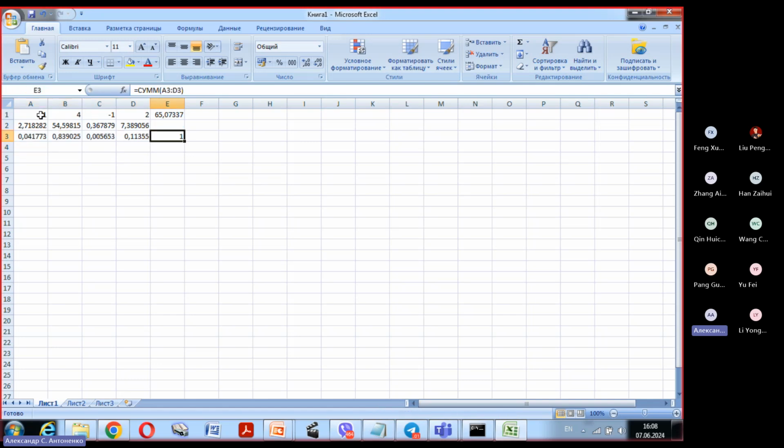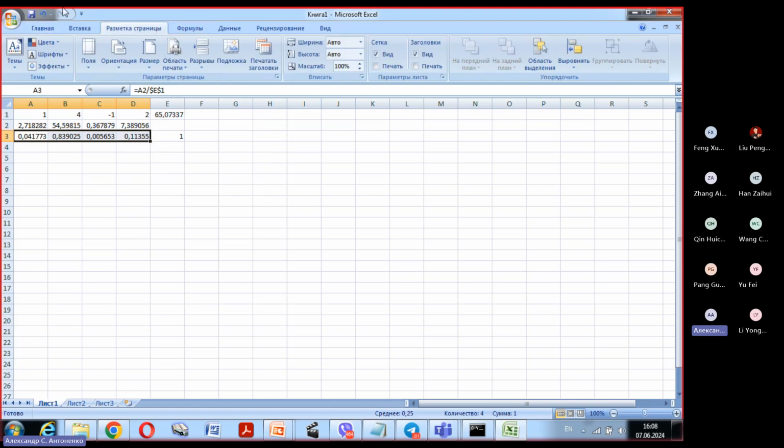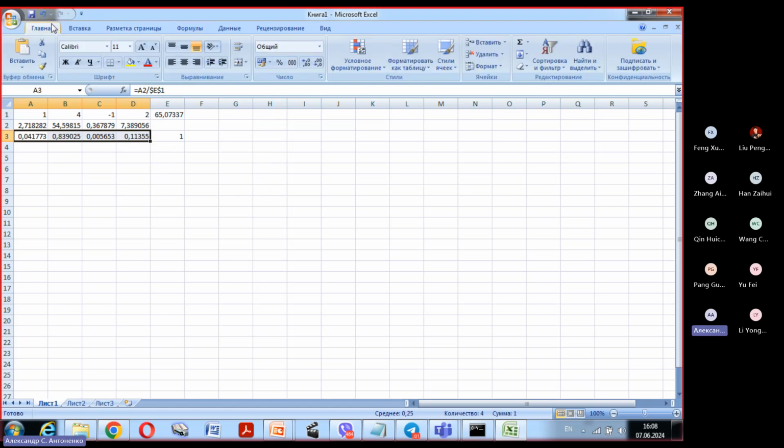So if our model predicts these values, then if we represent them as percent, each number represents a probability.